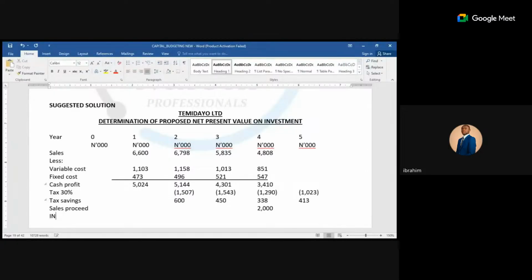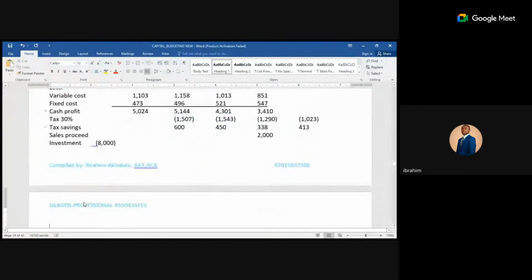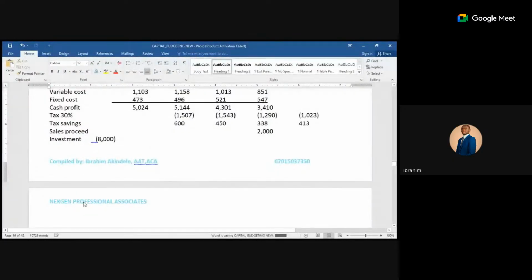You can say our assets or investment at year 0 is 8,000. After that, we have working capital.